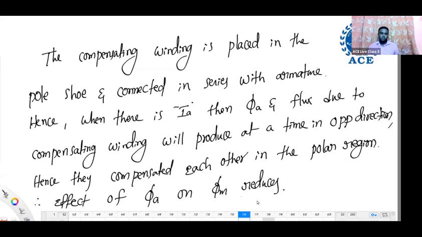If there is no armature current, no compensating flux, because same current is going in both windings. Armature flux cancelled because what flux is important for us? Main flux, not armature flux.